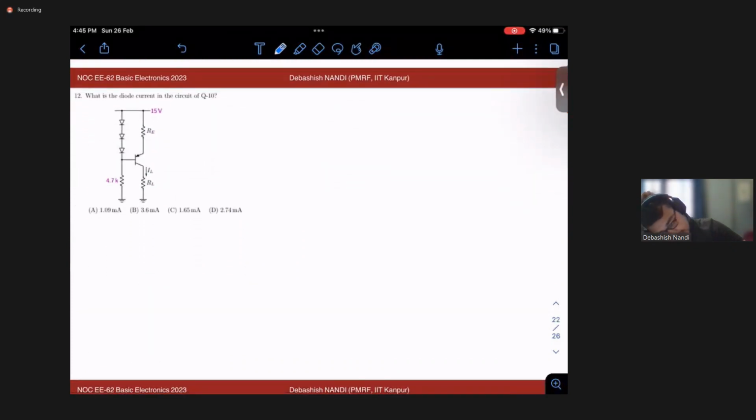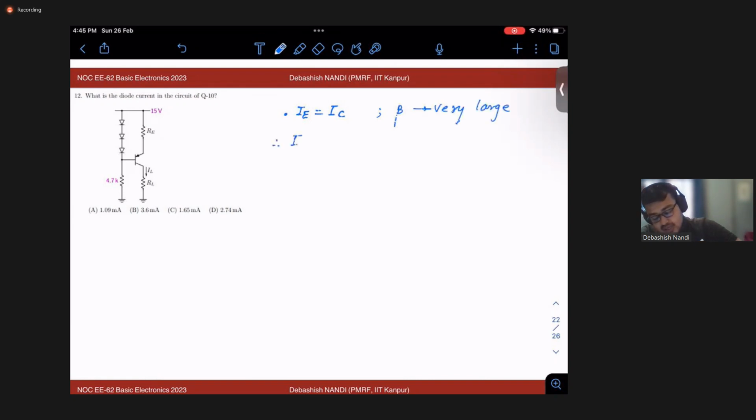What is the diode current in the circuit? Okay, this is very simple, I think, because we have been assuming beta to be very large. We were assuming IC equal to IE, beta very large.